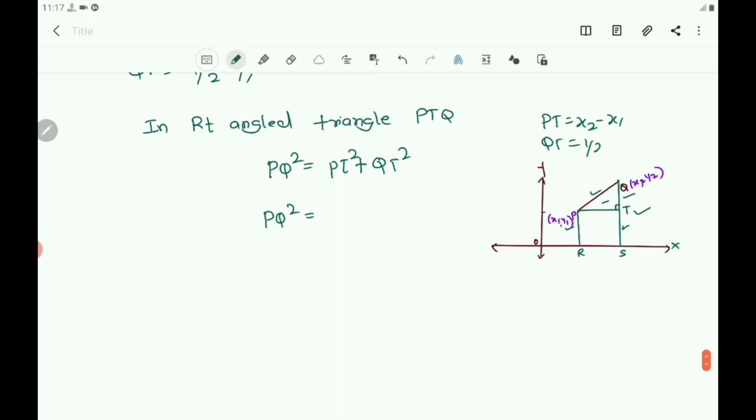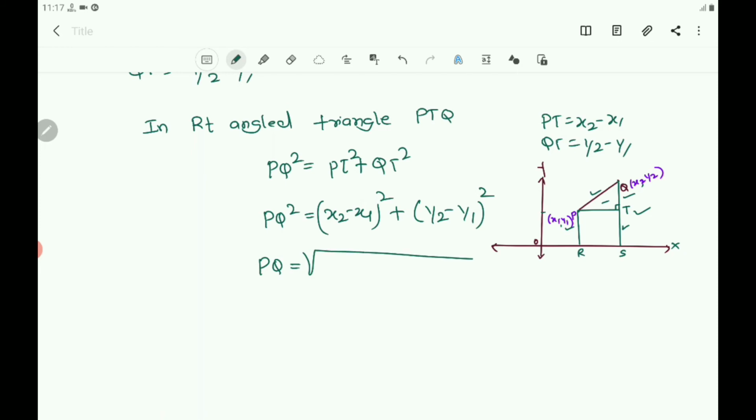So PQ square equals x2 minus x1 whole square plus y2 minus y1 whole square. Then PQ equals the whole root of x2 minus x1 whole square plus y2 minus y1 whole square.